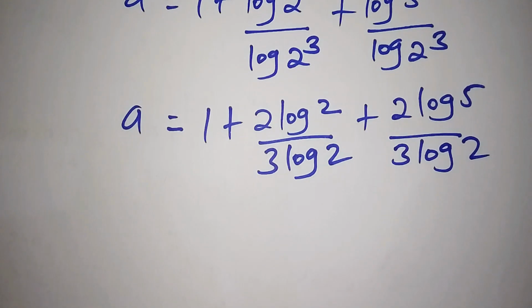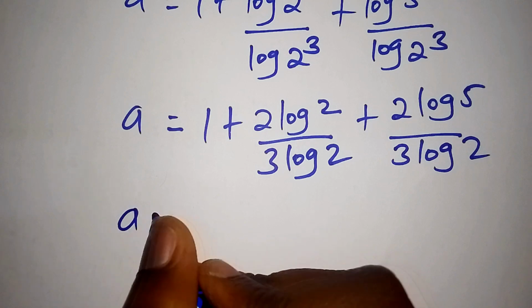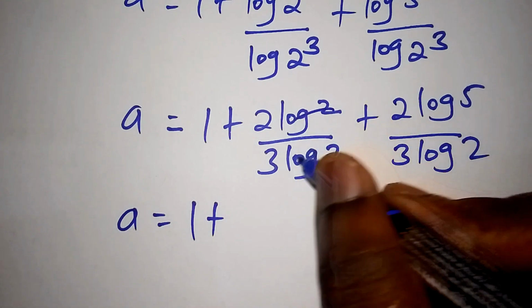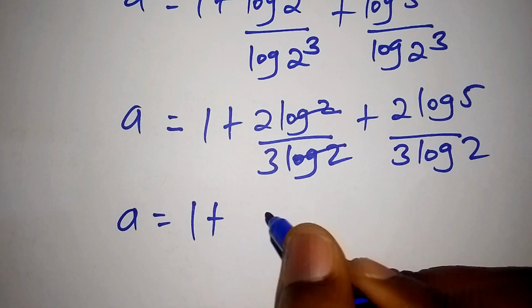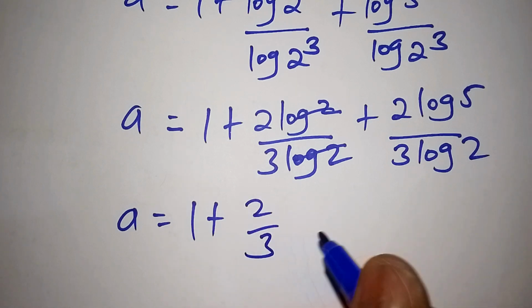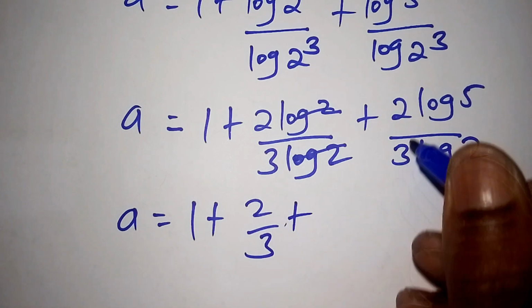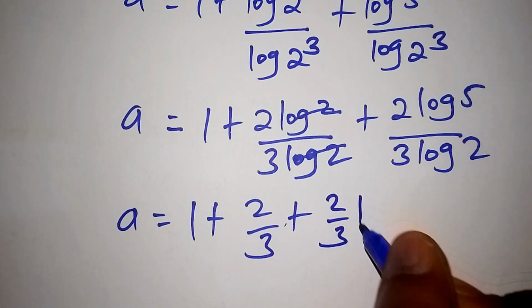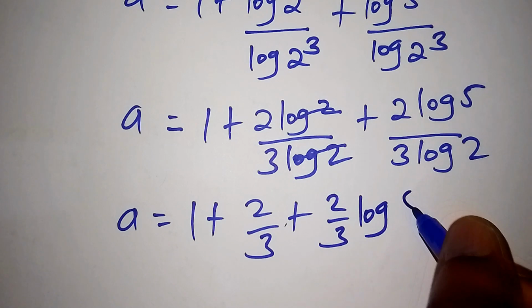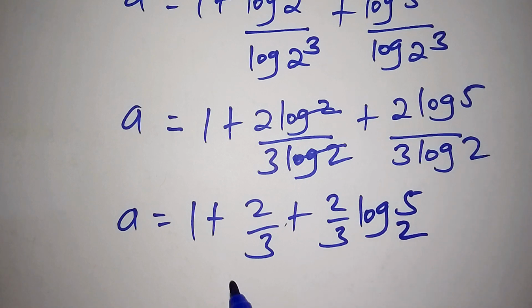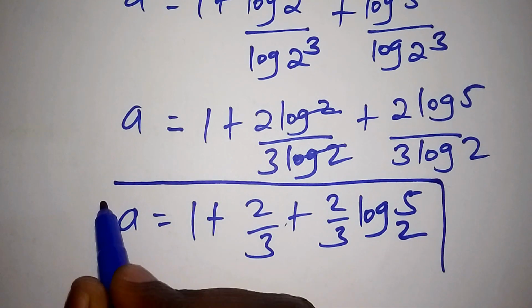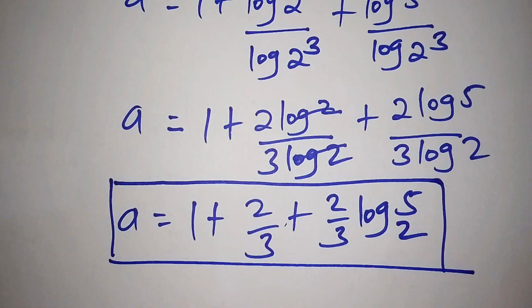So here now we have a is equal to 1 plus, log 2 and log 2 shall cancel, so now we shall have 1 plus 2 over 3, then plus 2 over 3 times the log of 5 to the base of 2. So now this qualifies to be our correct and final answer to that maths problem.